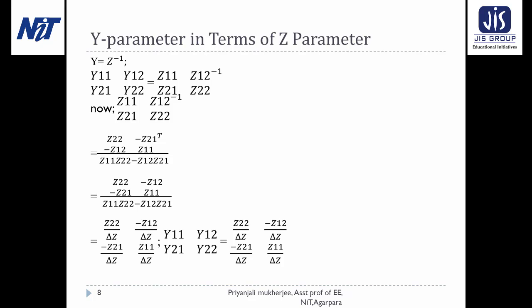Next, we can take another example, the Y parameter in terms of Z. Previously, we have seen that Y and Z are the inverse of each other, so Y can be written as Z inverse.